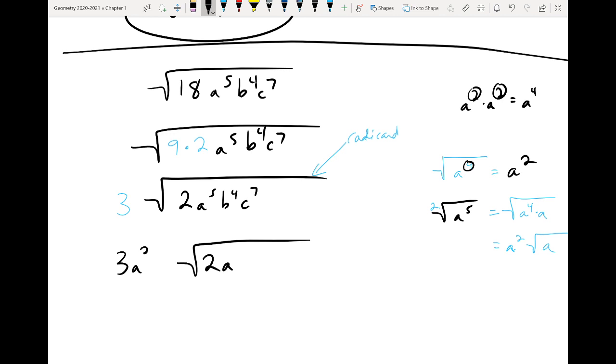The square root of b to the 4th, well, 4 divided by 2 is just 2. So the b squared comes out. There's no remainder. But c to the 7th, that's where we're going to have a remainder. Think about this. 7 divided by 2 is 3, so 3 comes out with a remainder of c on the inside.